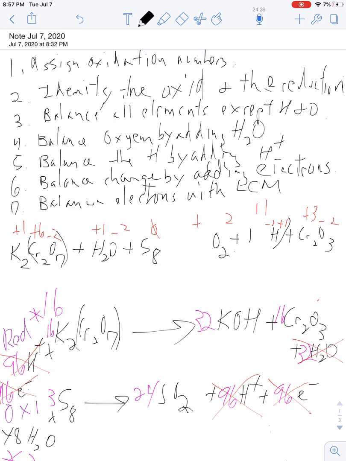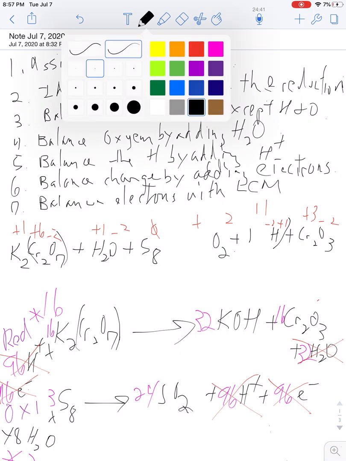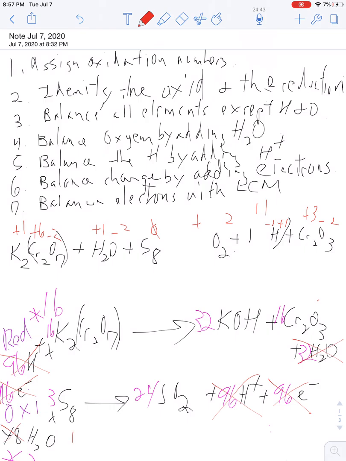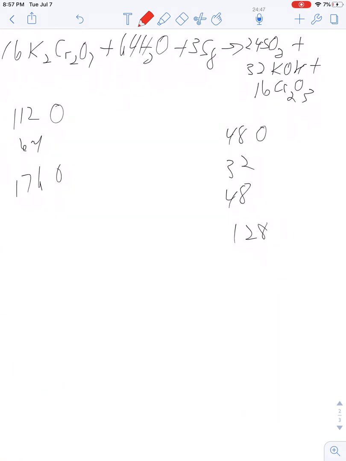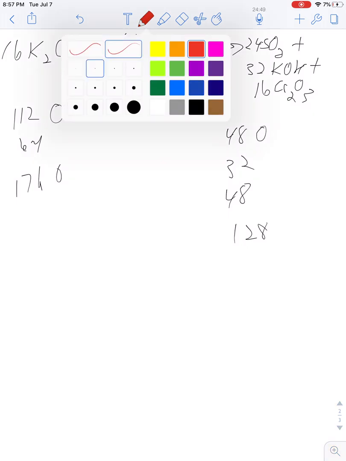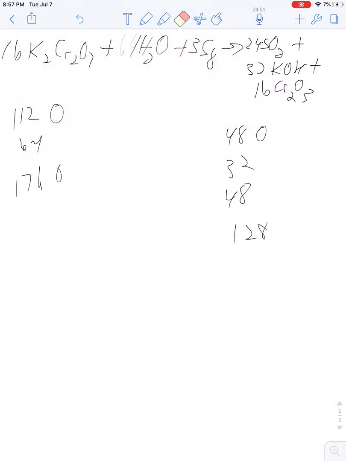So that means I'm going to have 12 waters. 32 will cancel and leave me with 12. So this is not 64, it is 12. Just a slight difference, but all is good.